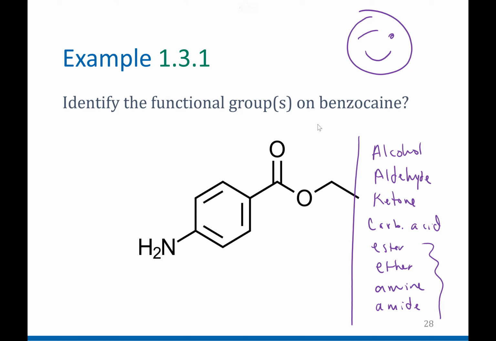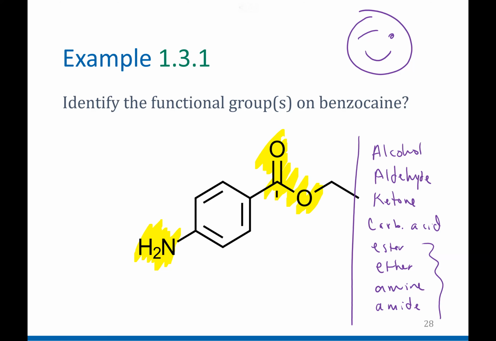So in the chat, I only have one answer so far. There's two, arguably three, but there's two answers for this question. And Aman in the chat has the first one. Let's get my highlighter here. Amine is definitely an answer. So for our functional groups, we have this guy on the left and then this guy on the right.